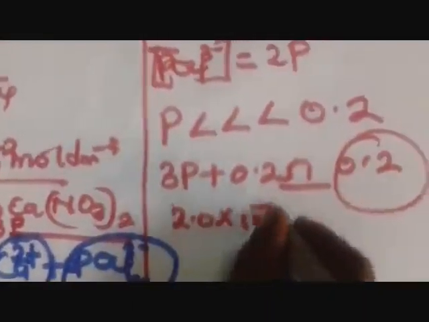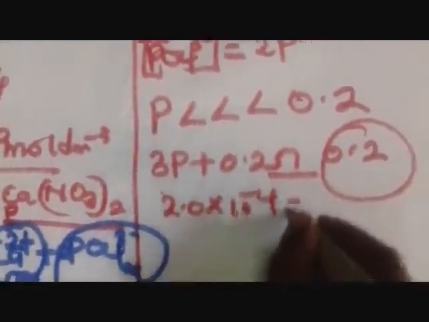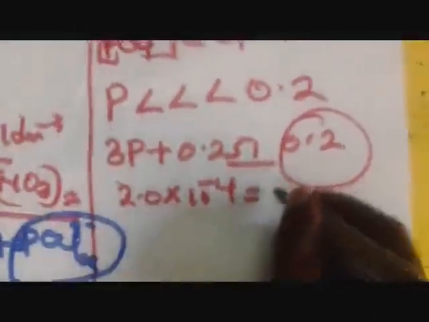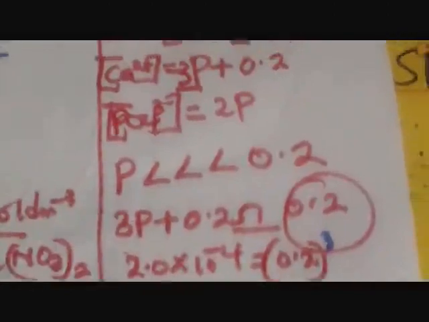So we substitute again. We bring our Ksp, that is 2.0 times 10 to the power negative 4, equivalent to the concentration of the calcium ion, which is 0.2. But don't forget the power, because we said you are raising it to the appropriate power of 3. Then times the concentration of the phosphate ions.